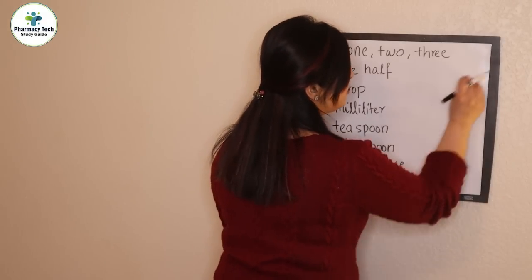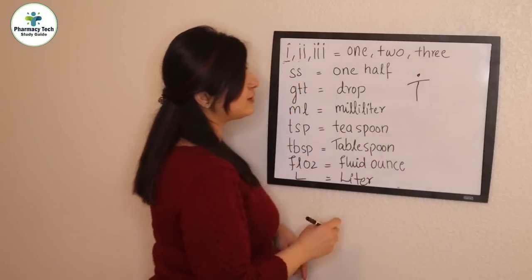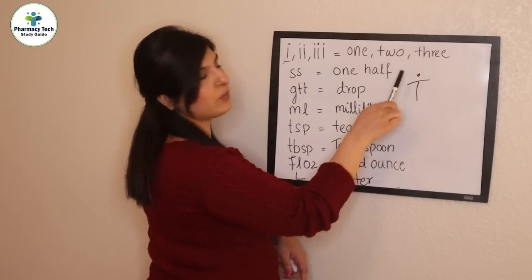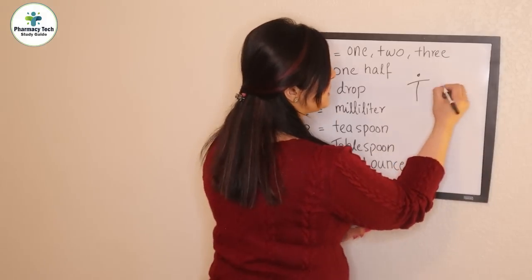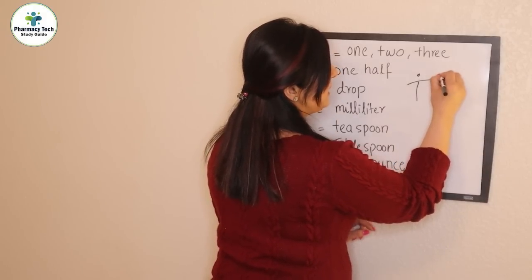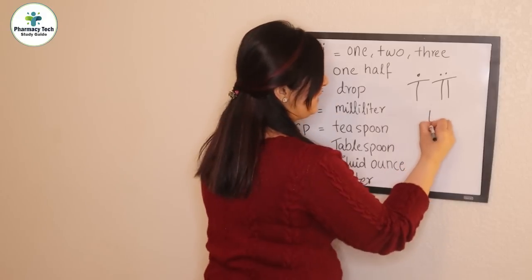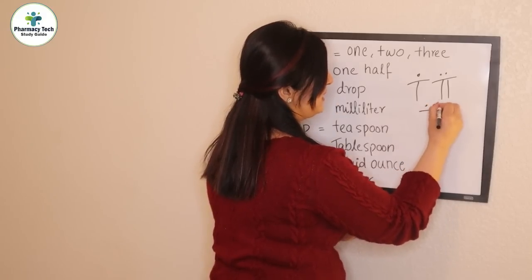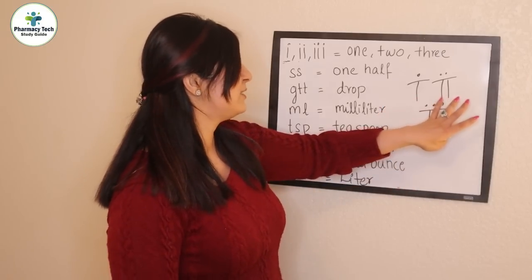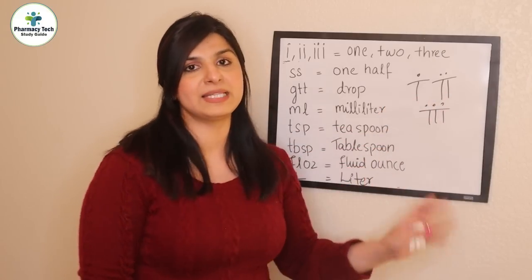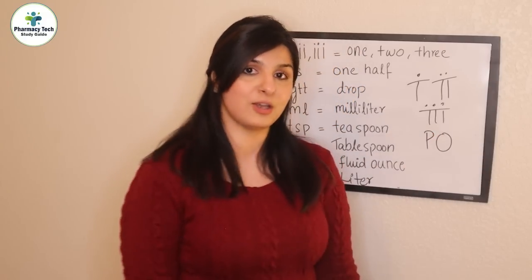You will also see them written like this. So this little T with 1 dot on it would refer to 1. And if you see 2 lines with 2 dots on, that means 2. And if you see this, that means 3. So that could be 1 or 2 tablets, 3 tablets. And then we've already talked about PO, which is oral.